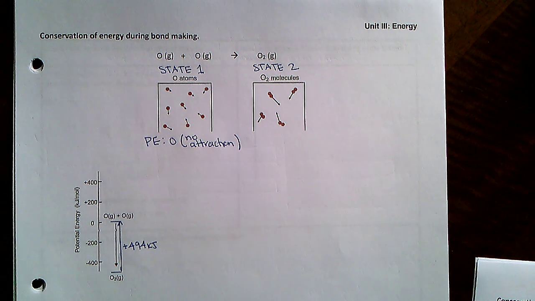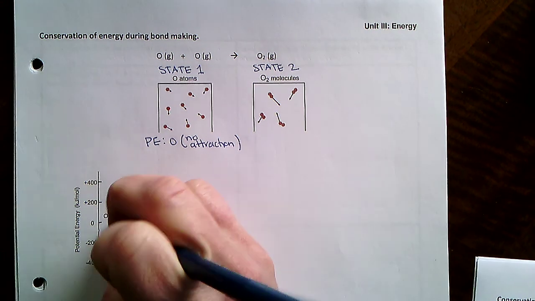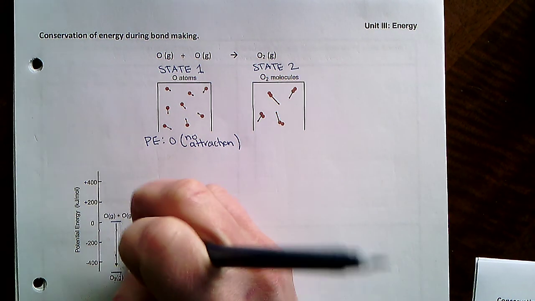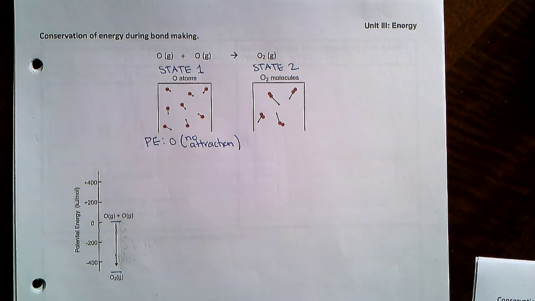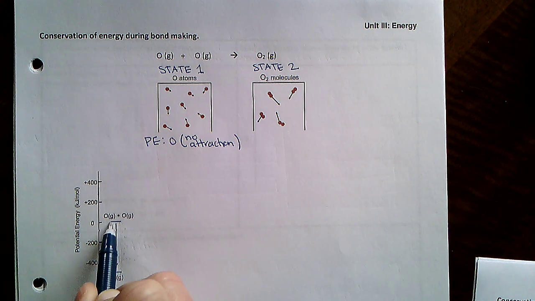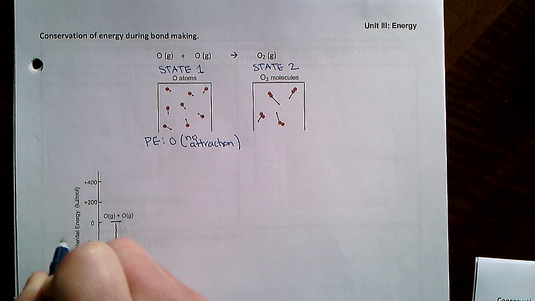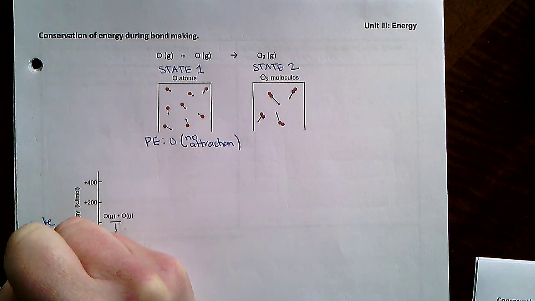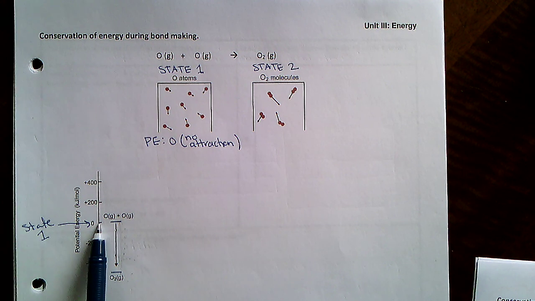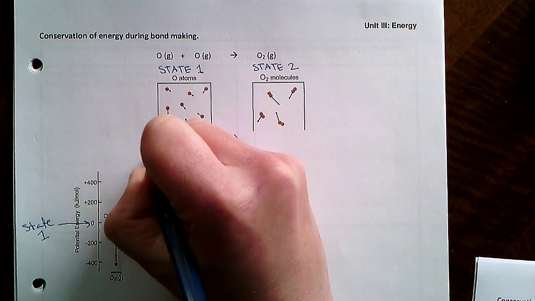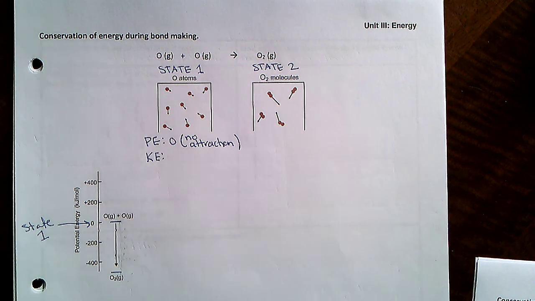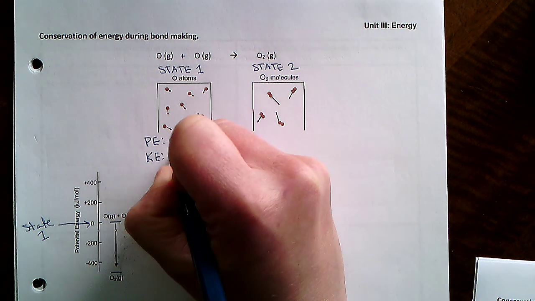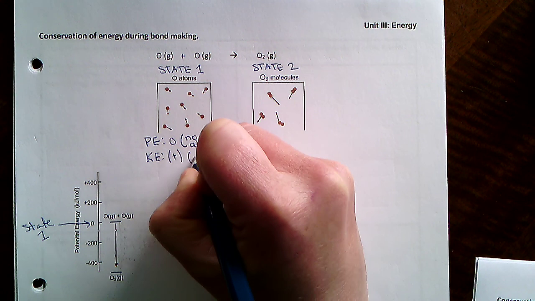So on an energy diagram, I'm going to erase this just so you can see it a little bit more clearly. Notice that this is state 1, with a potential energy of 0, two separated oxygen atoms. But we know that these oxygen atoms must have some kinetic energy that's positive, right? Because the atoms are moving.